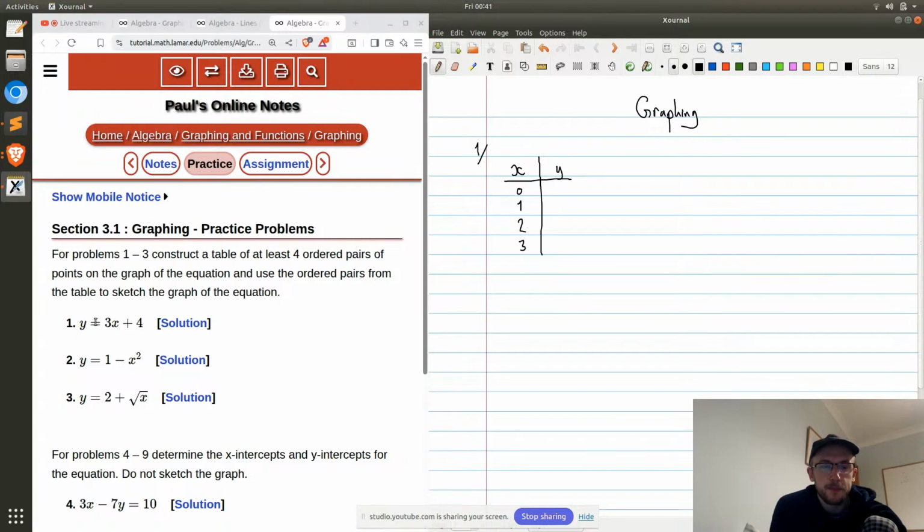Then just put them inside the function. So where X is, put in 0, and then you will obtain the Y value. So 3 times 0 plus 4, which makes 4. 3 times 1 plus 4, which makes 7.